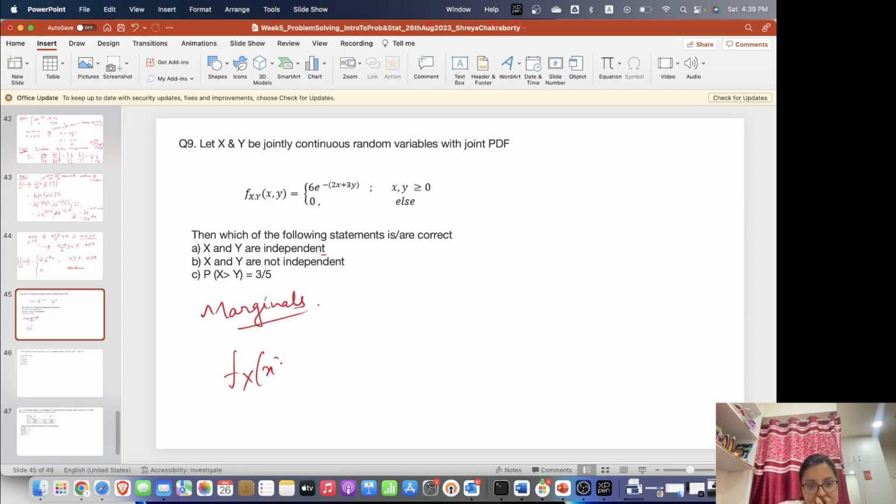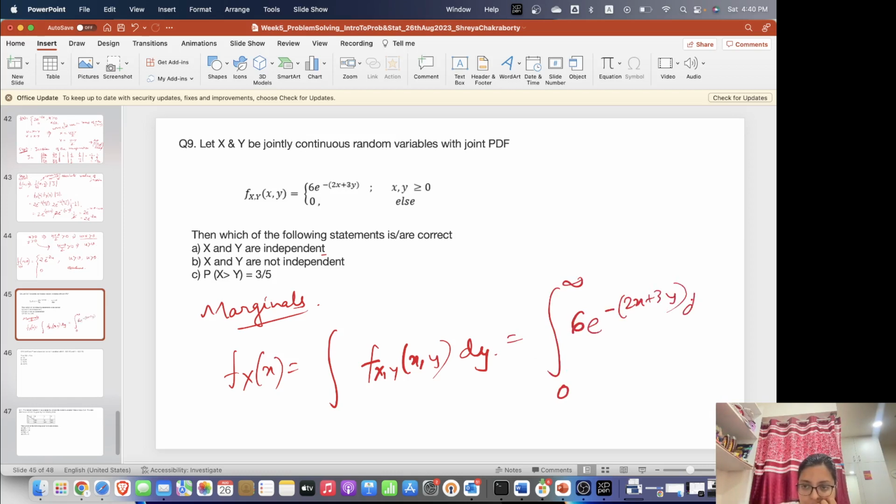So f(x) of x is what? Integral over dy of f(x,y). So y ranges from 0 to infinity, 6 e to the power minus 2x plus 3y dy. This one will be 6 e to the power minus 2x we are taking out, e to the power minus 3y dy.